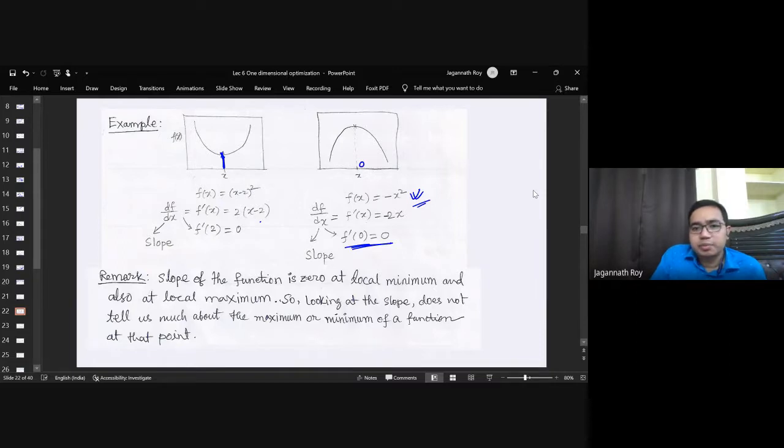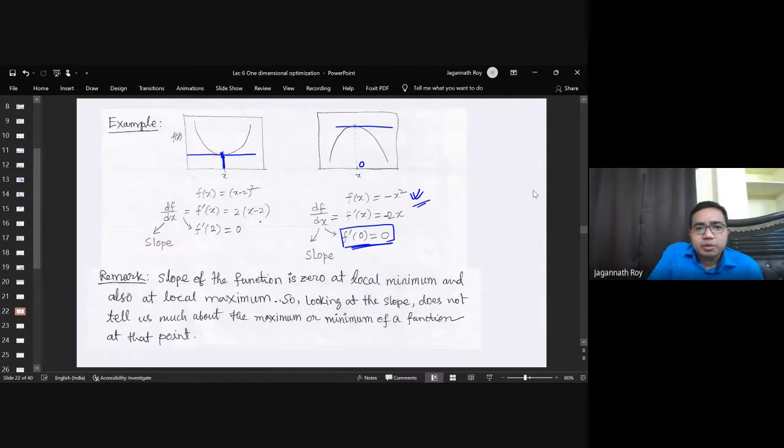Here it is a minimum point, but the slope is 0. That means the tangent at that point will be parallel to the x-axis. But does it say anything more, whether it will be a minimum point or a maximum point? Actually, it does not say much.